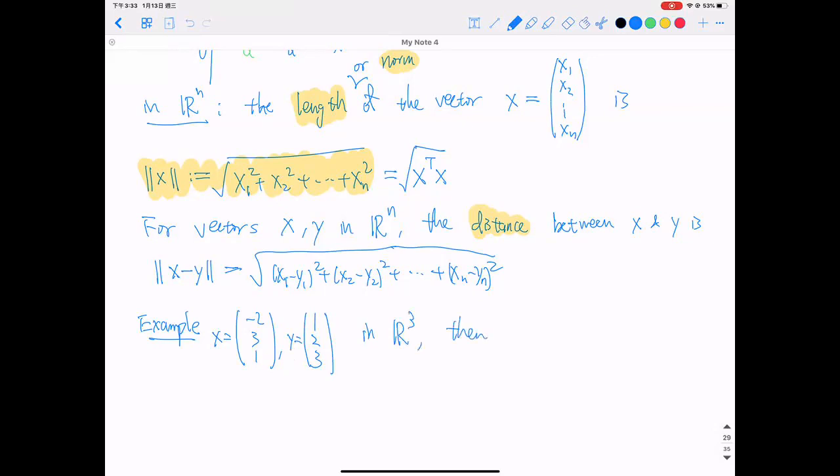Then the norm or length of x is the square root of the sum of squares, which is 9, 10, 14.